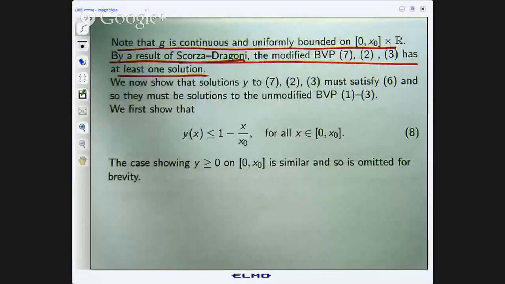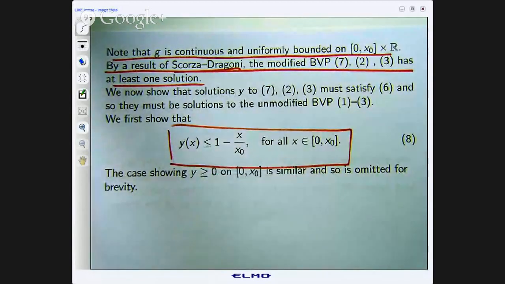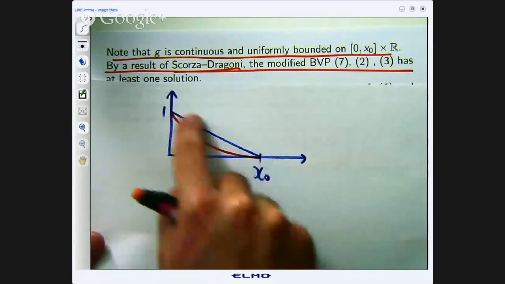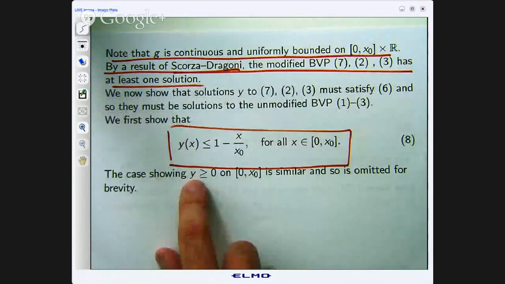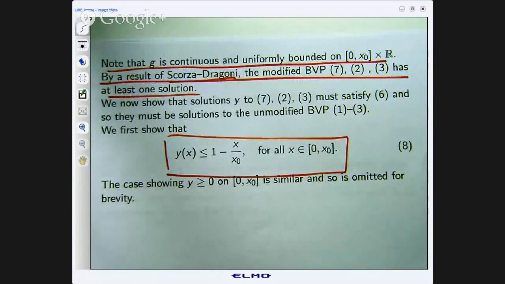So what we're going to do is show that y is less than or equal to this, that the solution to the modified problem stays below this straight line here. Now I won't show the case that there's a solution that is greater than or equal to 0 because it's very, very similar.